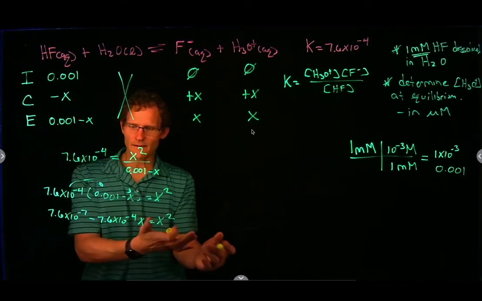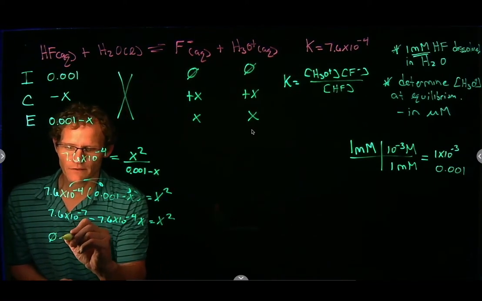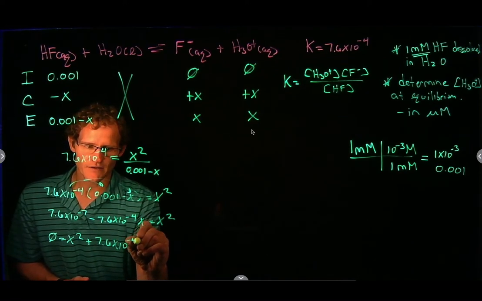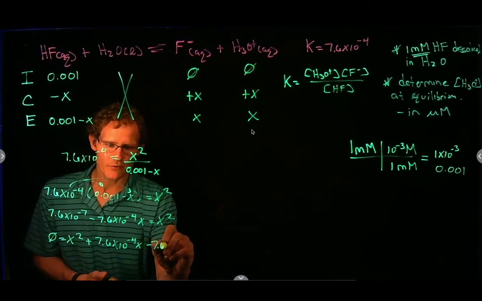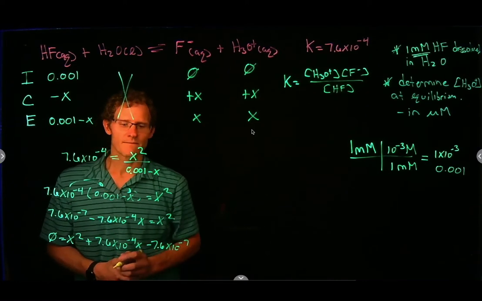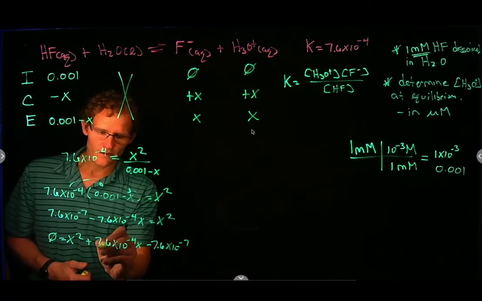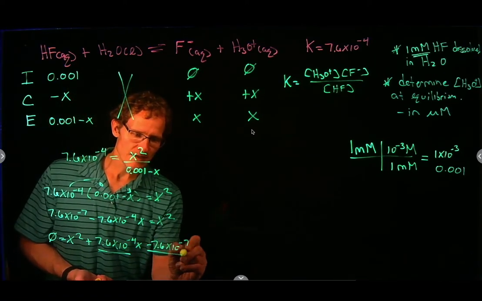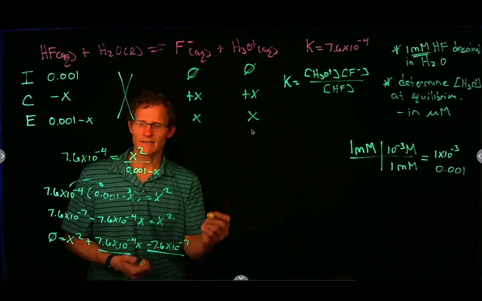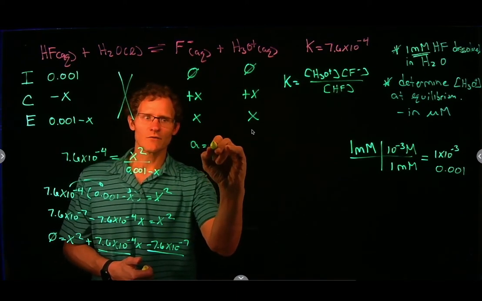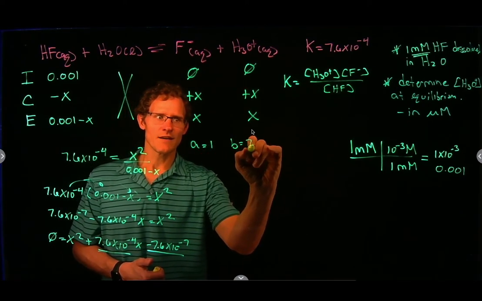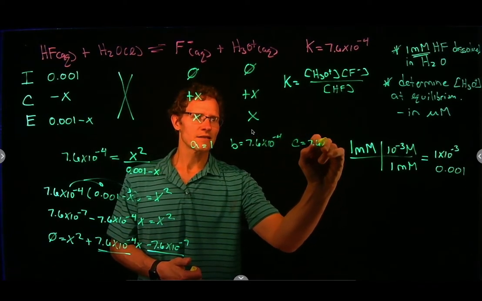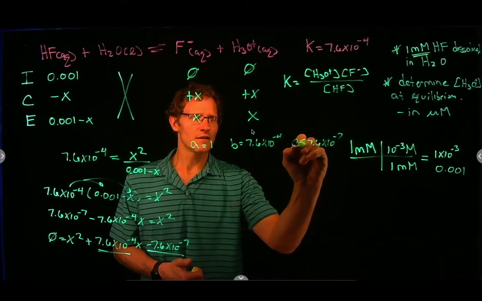Rearrange it so everything's on the same side. 0 equals x squared plus 7.6 times 10 to the minus 4th x minus 7.6 times 10 to the minus 7th. My A is 1, my B is 7.6 times 10 to the minus 4th, and my C is minus 7.6 times 10 to the minus 7th.